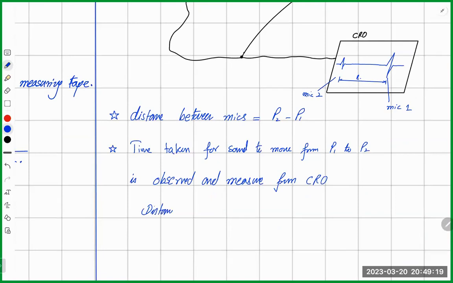Distance between pulses multiplied by time base equals time taken.